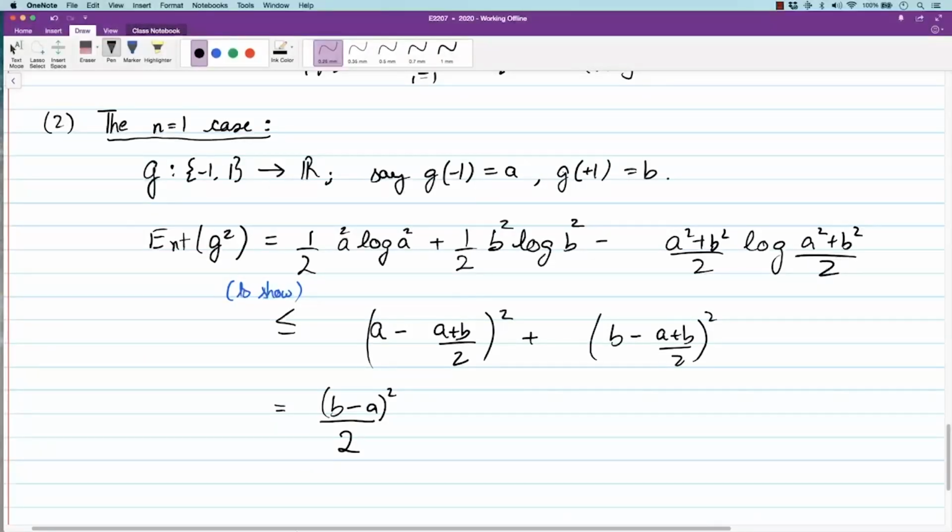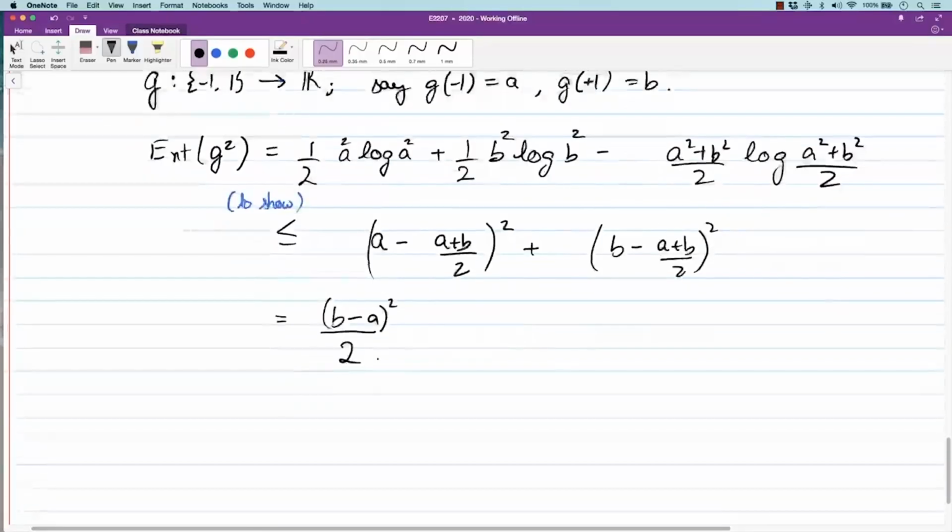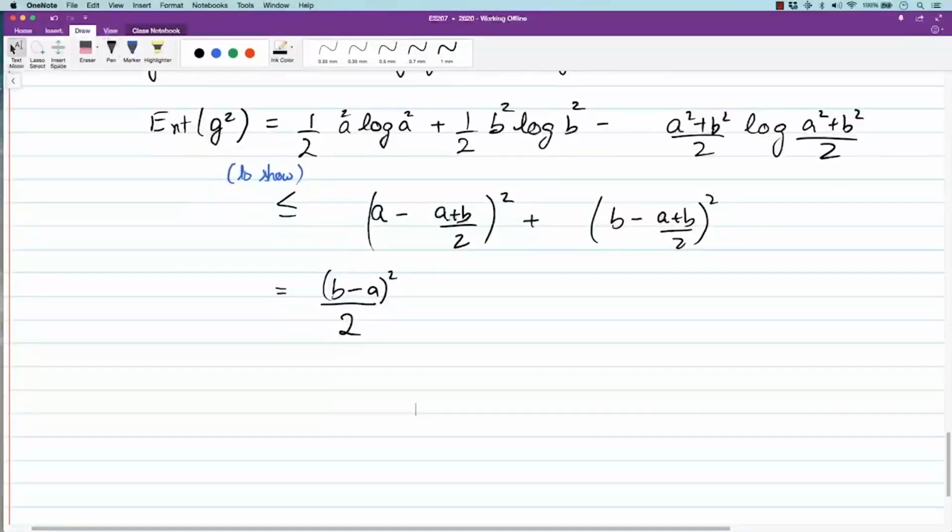Okay, so how do we show this? So one interesting thing here is that this inequality is an elementary inequality and just involves two numbers.